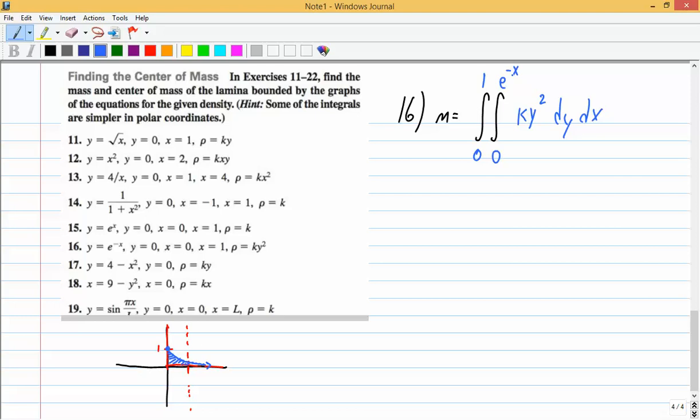All right, so we want to integrate with respect to y. Well, that's pretty easy. Integral 0 to 1 of k y cubed over 3. And then we want to plug in e to the negative x for y.